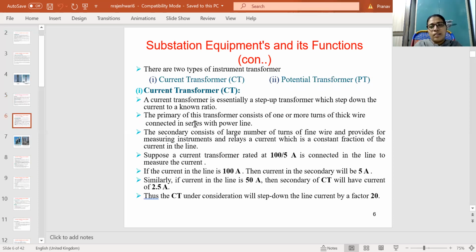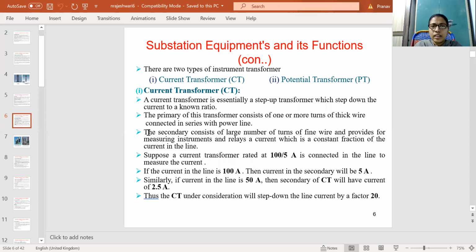The primary of these transformers consists of one or more turns of thick wire connected in series with the power lines, because it's a current transformer. The secondary consists of a large number of turns of fine wire and provides for measuring instruments and relays the current which is a constant fraction of the current in the line.